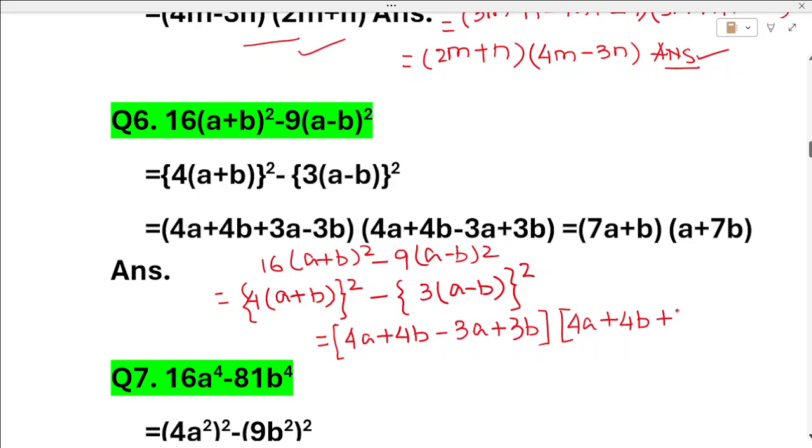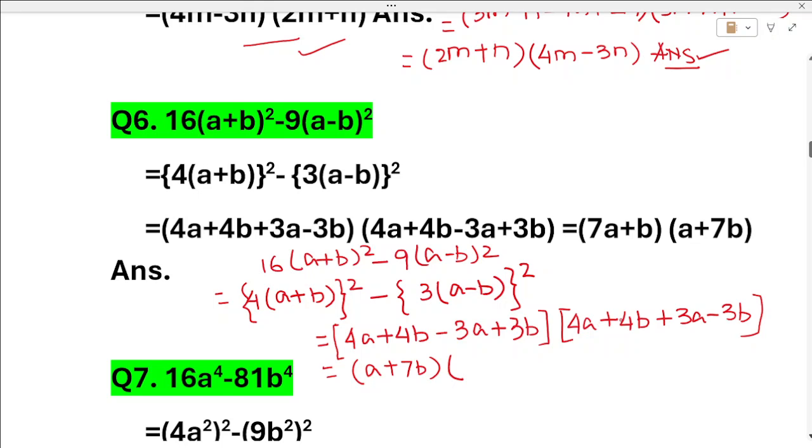plus 3a minus 3b. 4a minus 3a becomes a, 4b plus 3b becomes 7b. Correct.